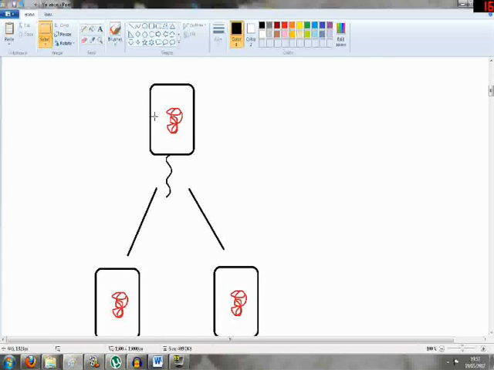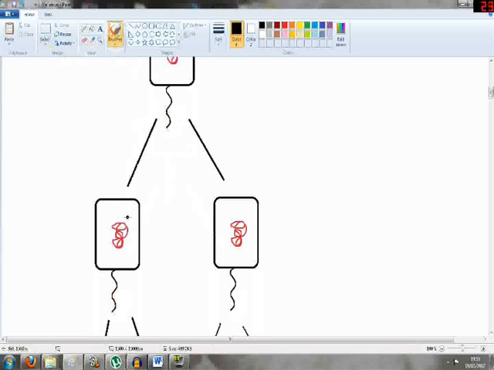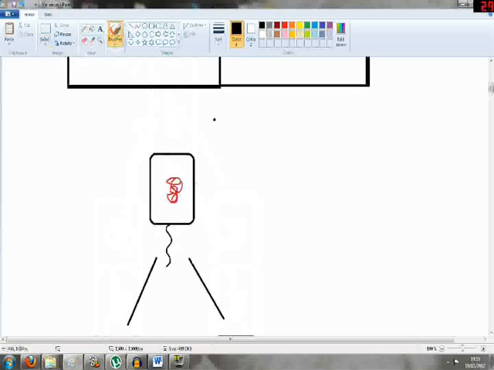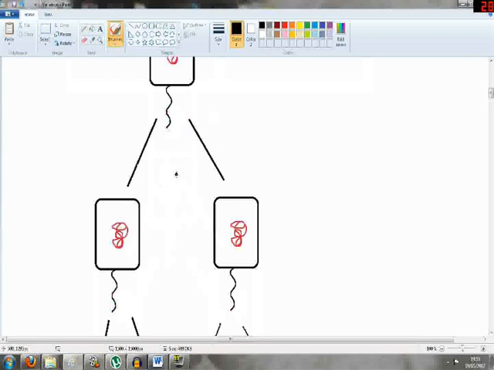Now, moving on to the second part of variation, which is the actual causes of it. When you look at the individual different organisms, you can see that they have different levels of variation. Take for example the bacteria. The bacteria has a very poor variation simply due to the fact that it reproduces asexually, and therefore all of its offspring are genetically identical. And due to this, they have exactly the same genes as their parent.